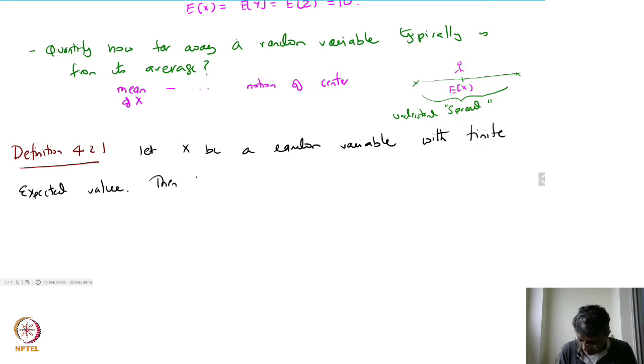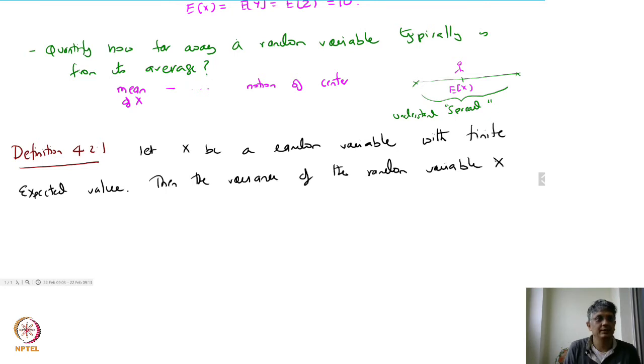Then the variance of random variable x is written as Var(x) and is defined as the expected value of the quantity (x minus E of x) squared.